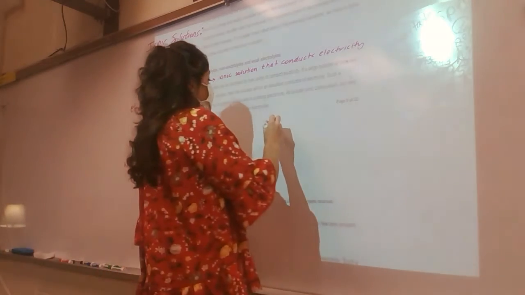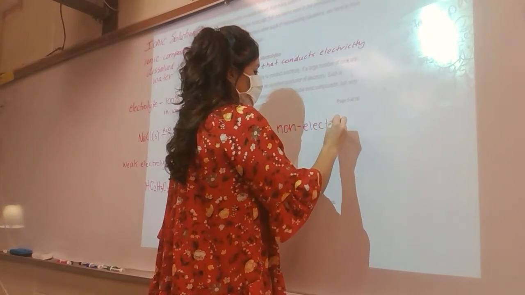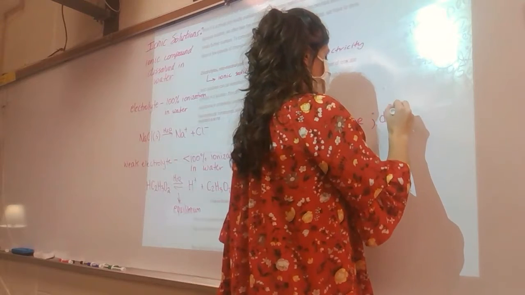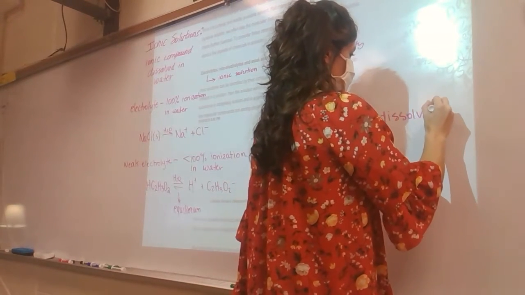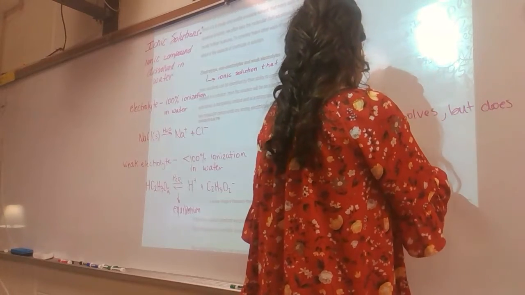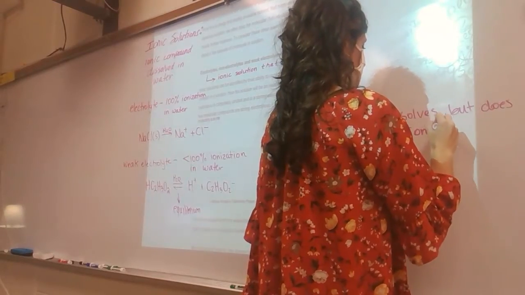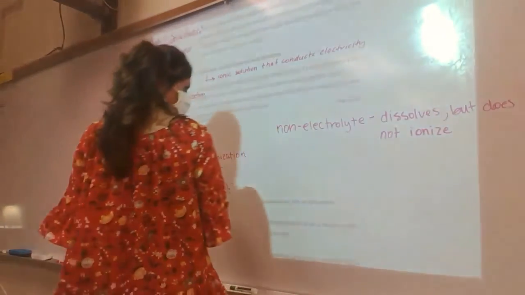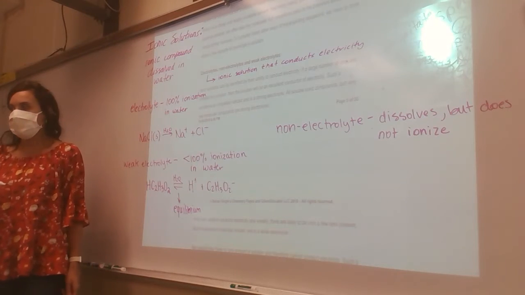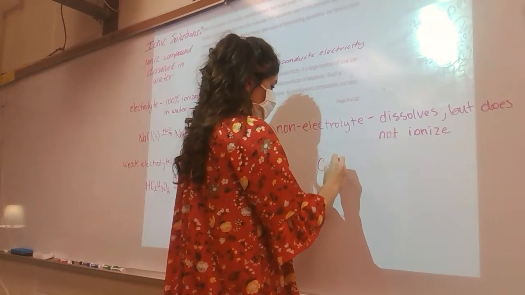The last type is not an ionic solution, but it's a non-electrolyte. It dissolves, but does not ionize. An example is ethanol or ethanoic acid.